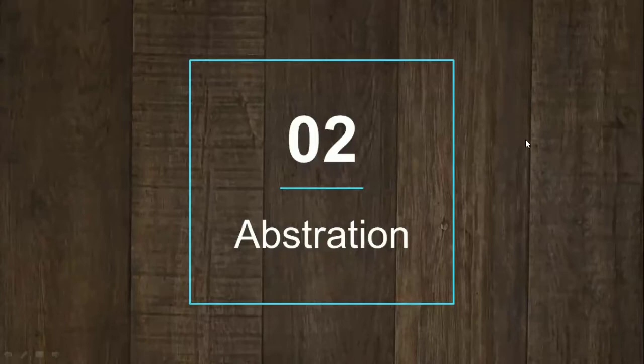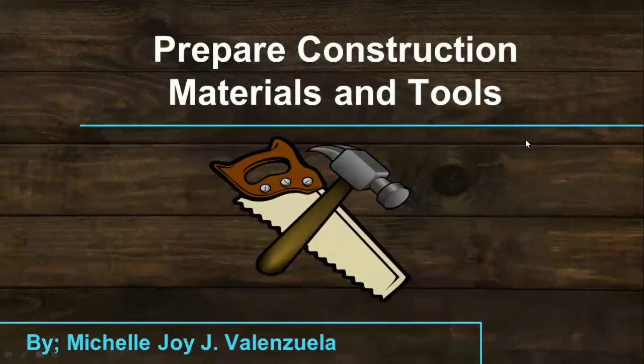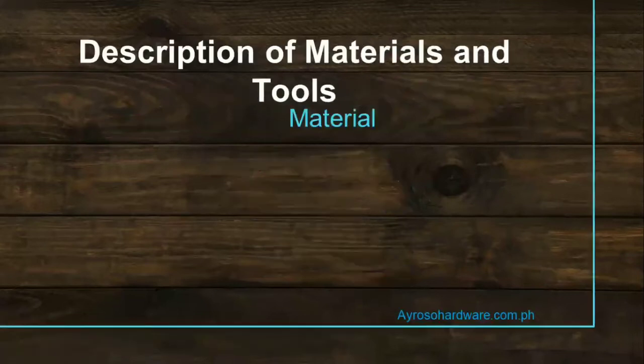Our topic for today is entitled Prepare Construction Materials and Tools. And of course, in order for us to prepare different materials and tools, we need to identify or describe the different materials and tools used in construction. Here is a description of materials and tools. Start with the materials.